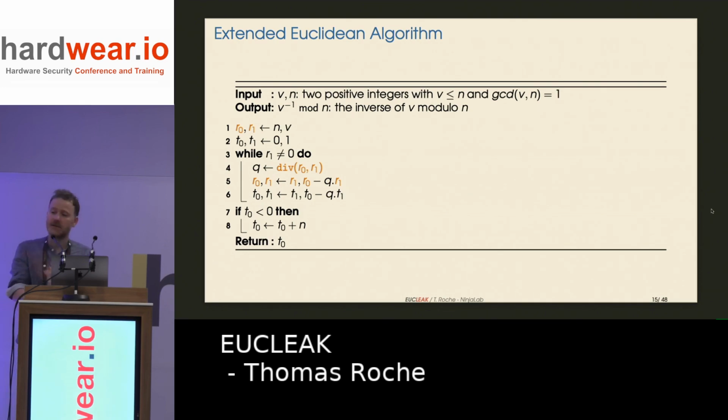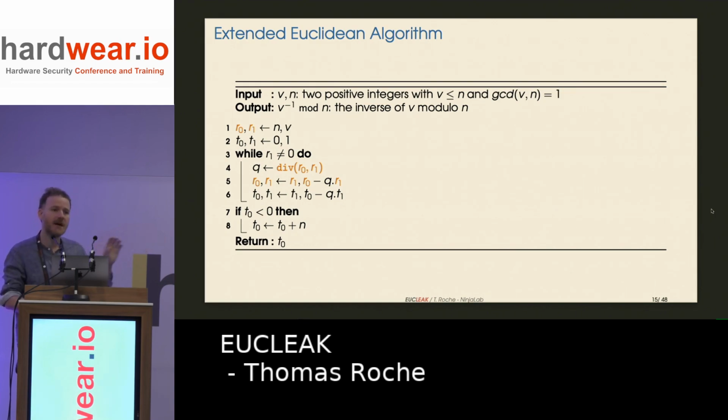This is the implementation of the extended Euclidean algorithm. It is quite simple. What you have to know is that there are these two intermediate variables R0 and R1 that are updated at each iteration of this while loop. And the while loop starts with a Euclidean division of R0 by R1. So the number of iterations of this while loop corresponds in average pretty well to what we are observing.